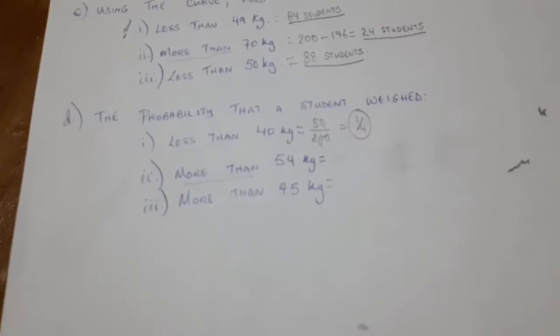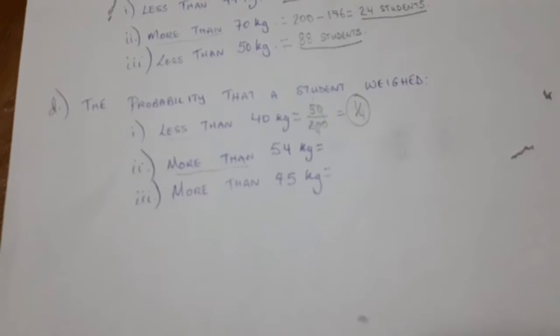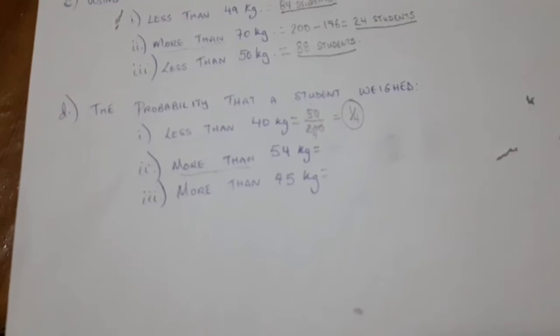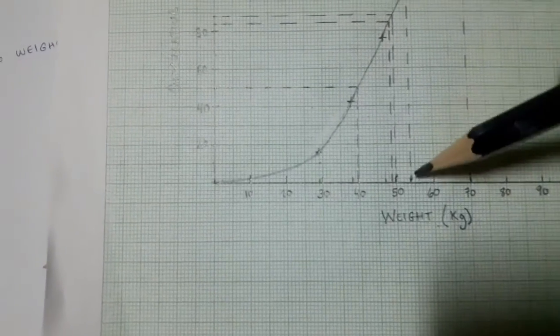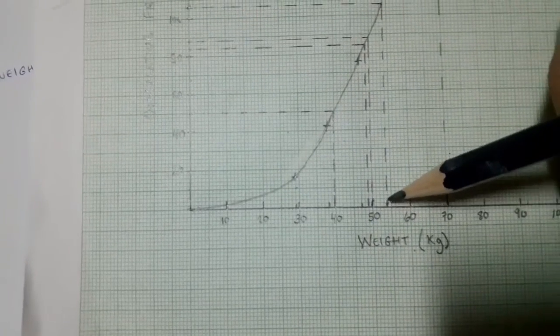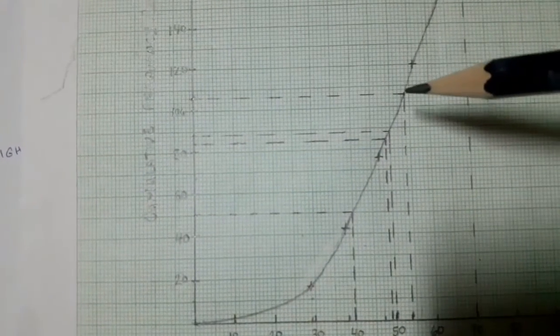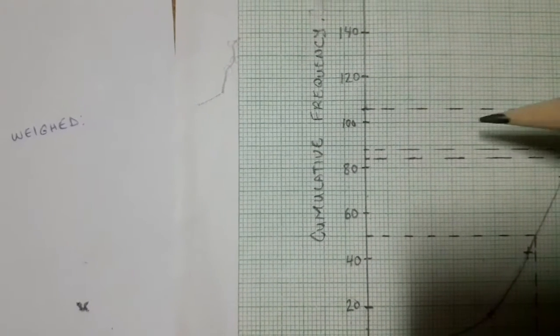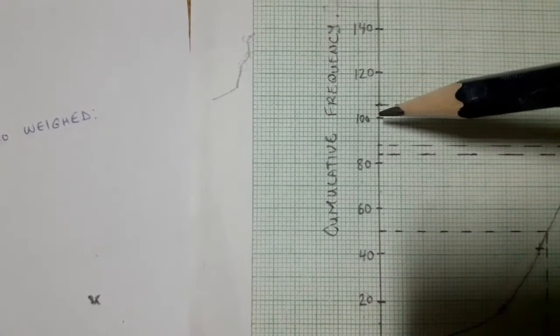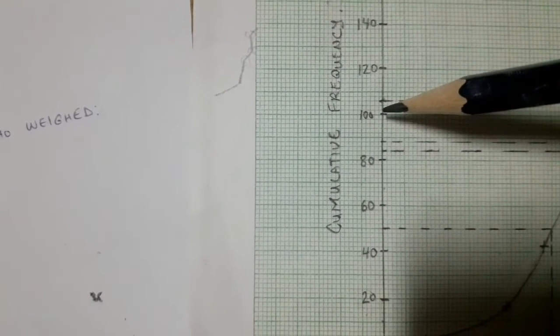Okay, the next question is the probability that a student weighed more than 54 kilograms. More than 54 kilograms. We need to find the number 54 in our graph. If you notice, I have it here, 54. So I go vertically up until I meet the curve, go horizontally across, and you notice this is the number: 100, 102, 104, 106.